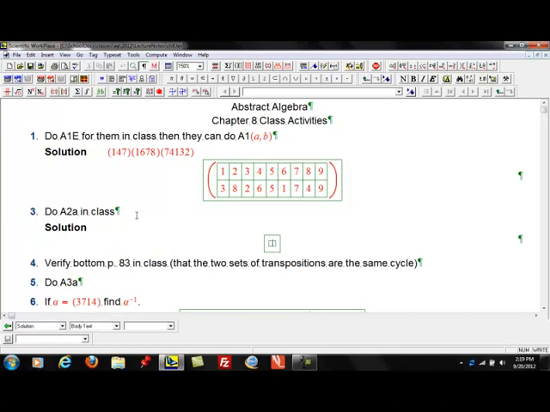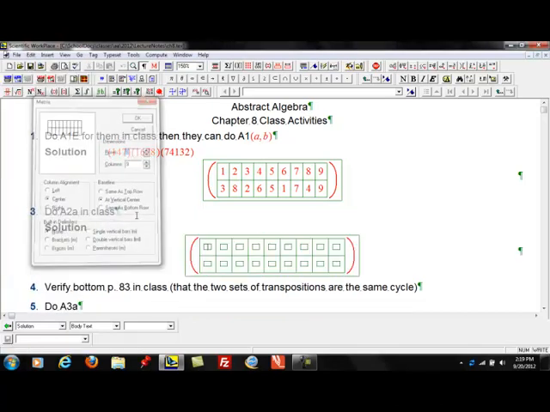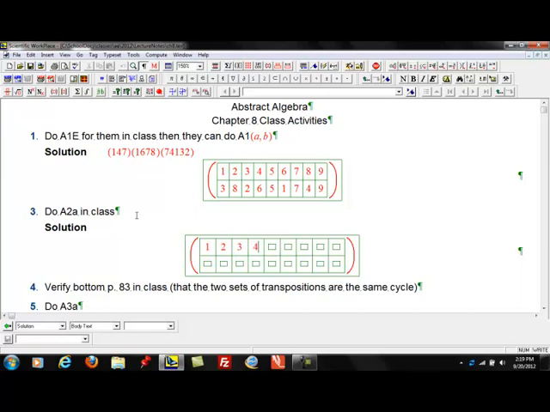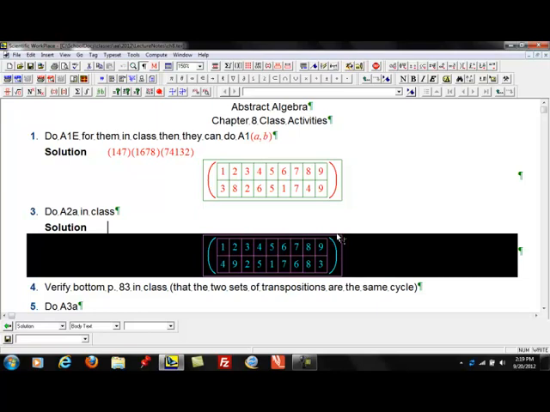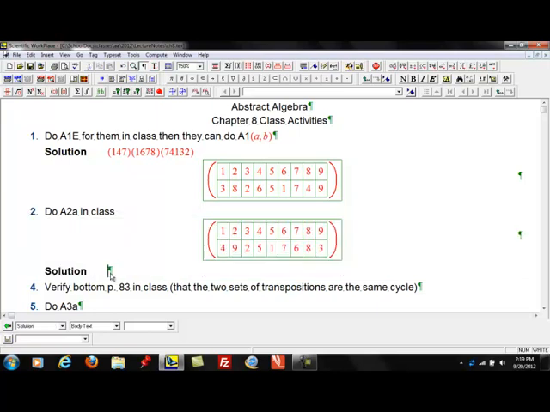So let me go ahead and write the permutation here: 492, 517, 683. So we have to write this as a product of disjoint cycles.